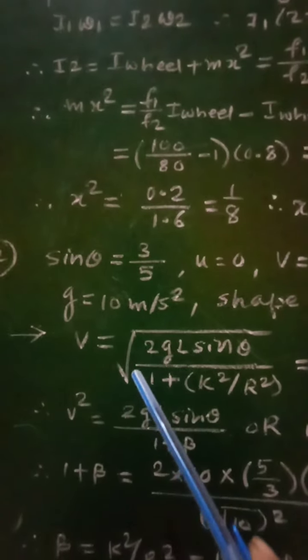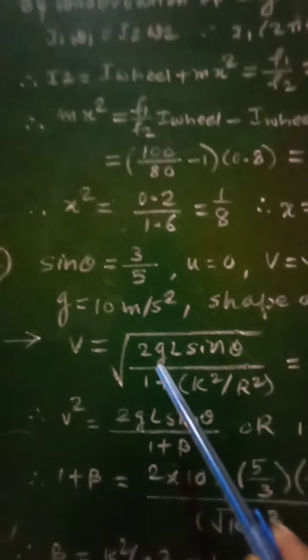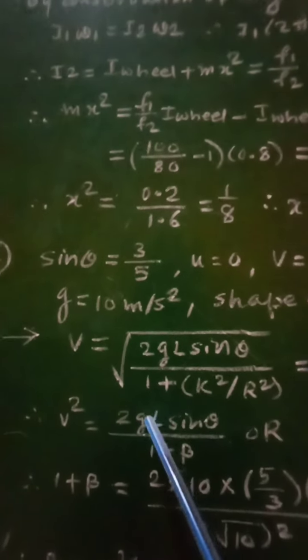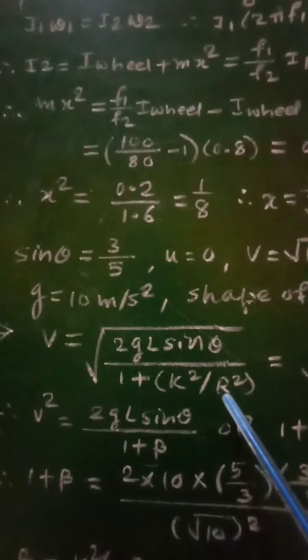So we know that v is equal to square root of 2gl sin theta upon 1 plus k square by r square.